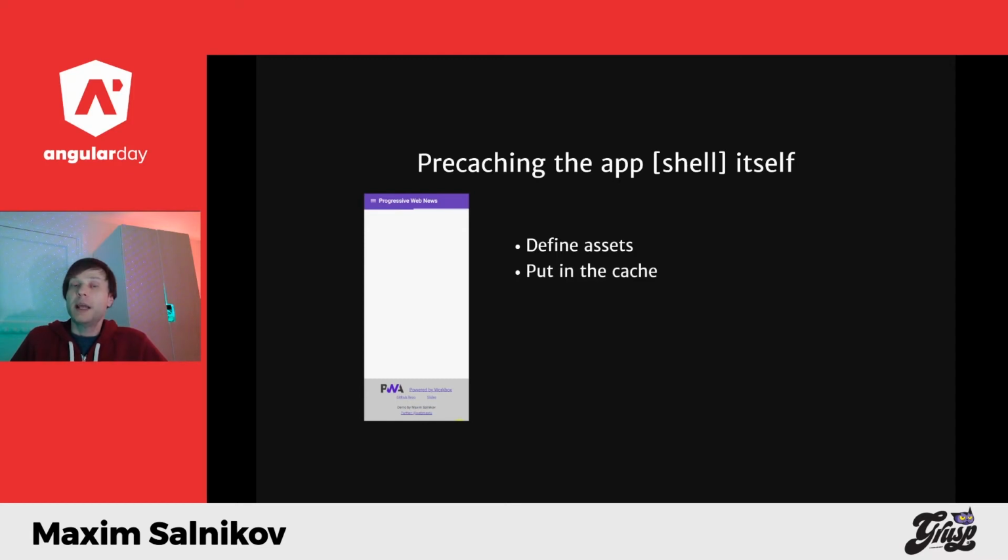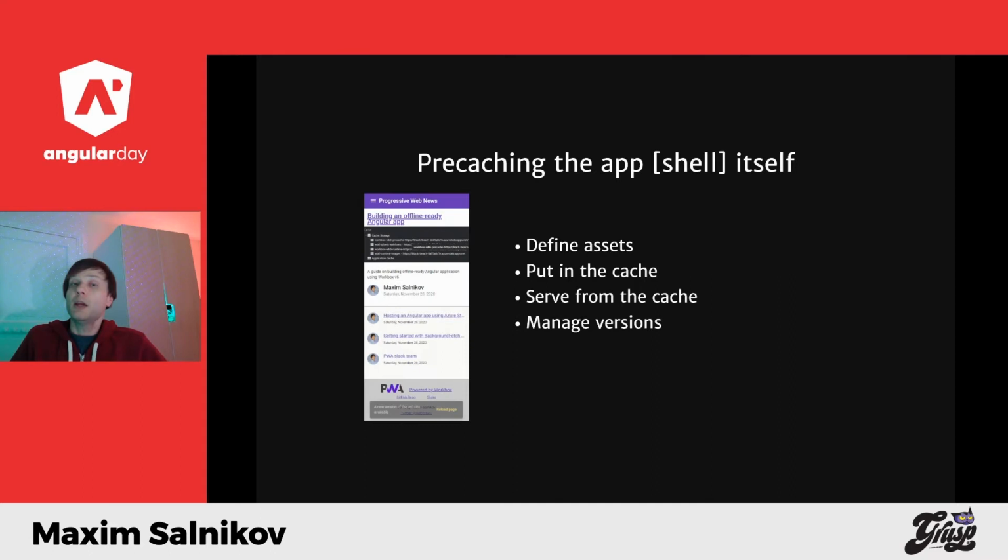Okay. Next, we have to put everything into the cache, right? After all, we have to serve from somewhere during offline mode. Next, we have to set up the mechanism of serving this from the cache instead of going to the network. And of course, we need to manage the versions.